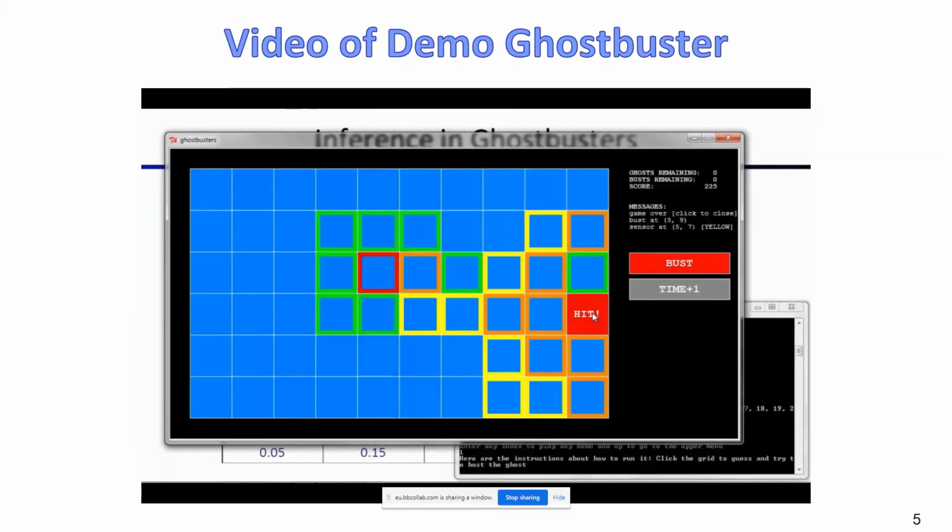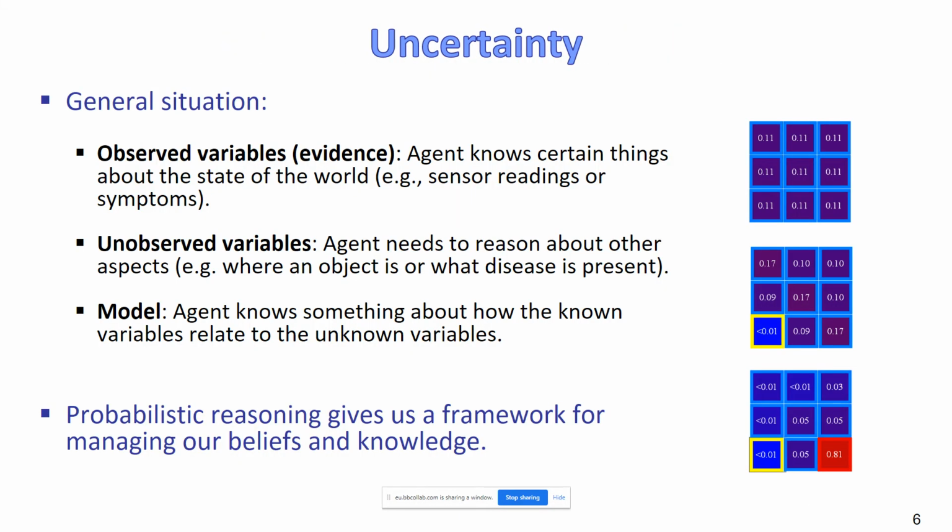Okay, you're welcome. Now to model uncertainty, we will use variables. You can think of variables as two types. Observed variables, which we call evidence. So these are the things that the agent really knows about the state of the world. So for example, the readings that we saw.